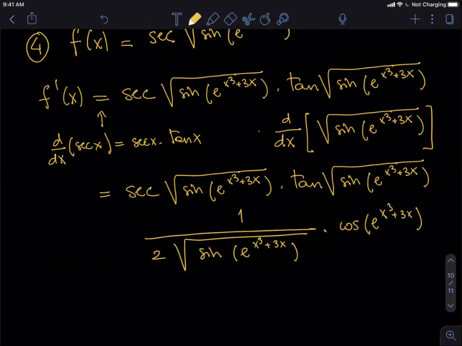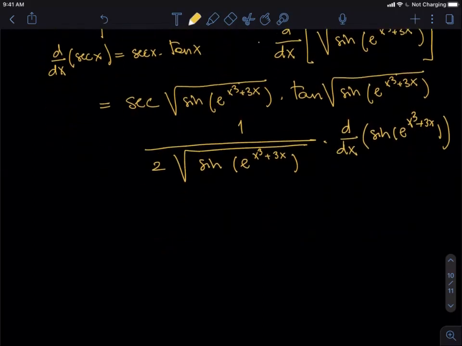I think I'm going to like this better. It will be more clear if I do just one step at a time, even if it takes me a little longer. But it's the derivative of the square root times the derivative of what was inside of the square root. Now, let's copy paste.